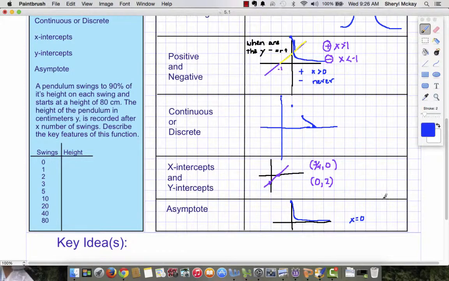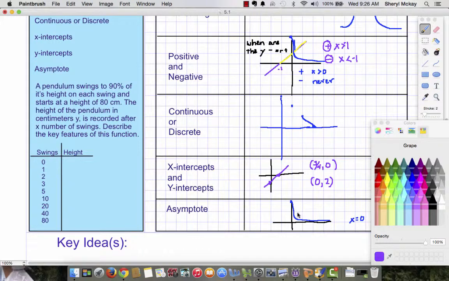In another case, an asymptote might look like this. It might start at 0 and go up like this. And actually this isn't x is 0, this is y is 0, sorry. Change that to y is 0, or the x-axis.